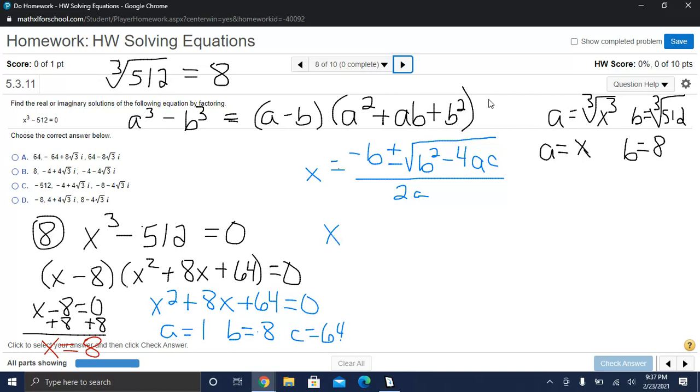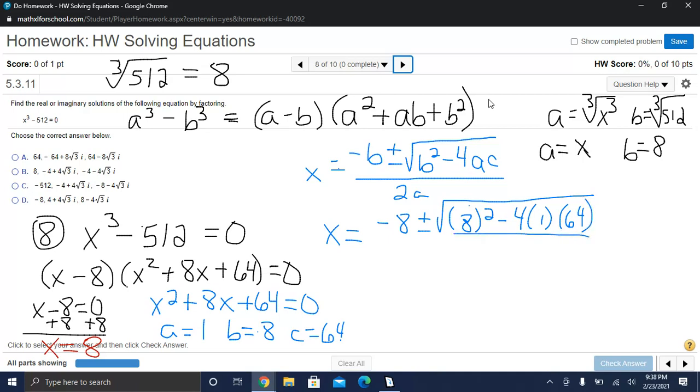So I'll have x equals negative 8 plus or minus, inside the square root, I'll have 8 squared minus 4 times my 1 times my 64. And this is over 2 times 1.